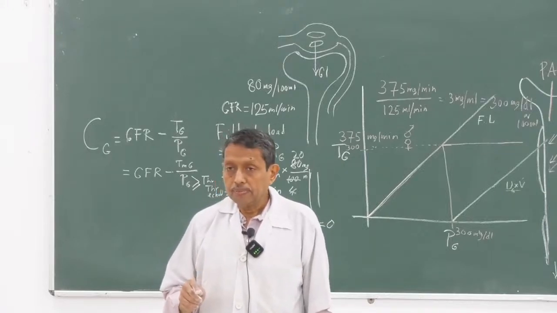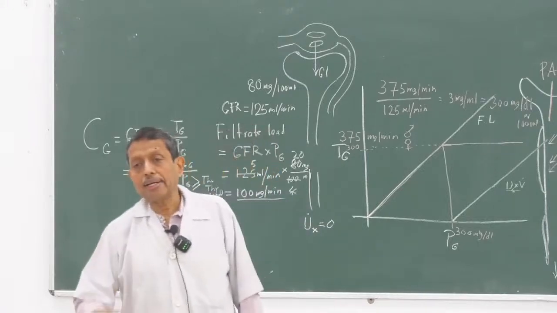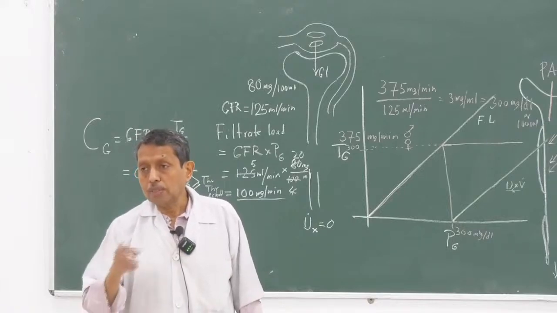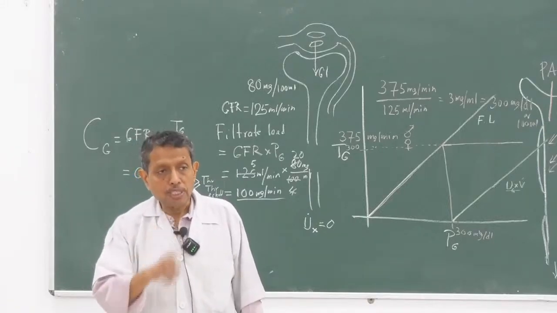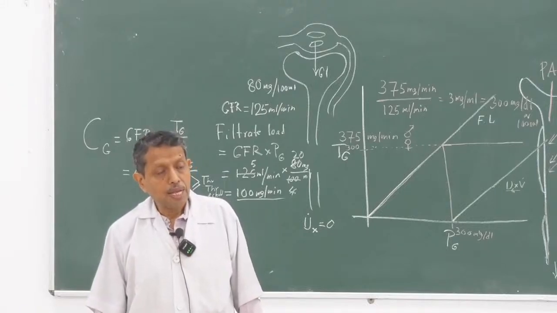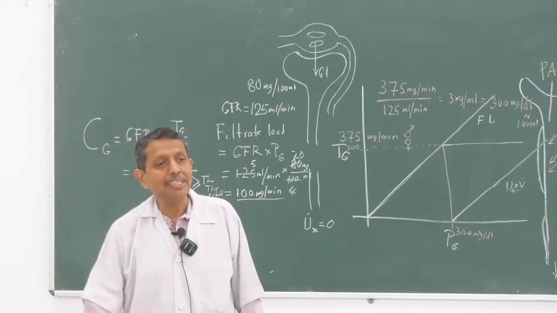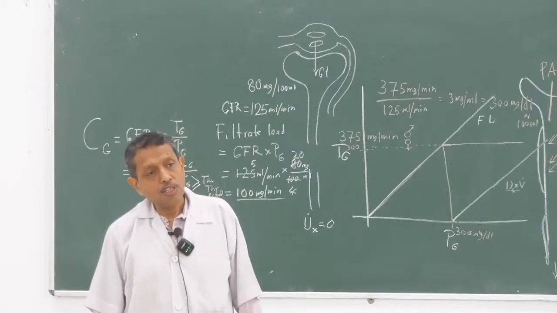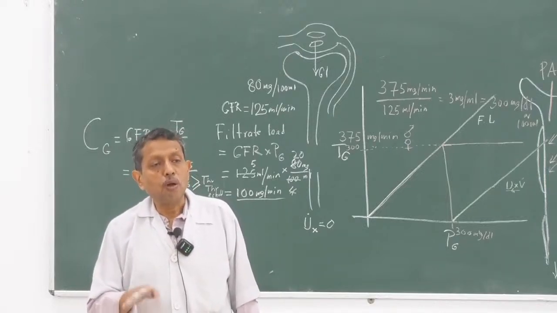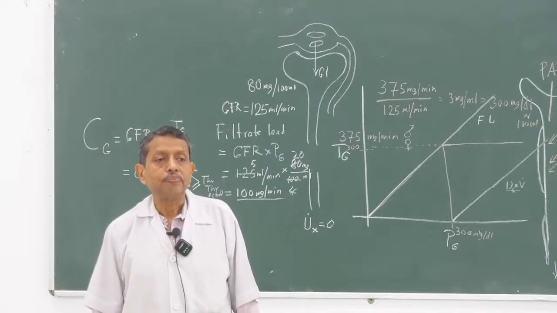Or brush border. And in the basolateral border, there is sodium potassium ATPase, which is always pumping sodium from the cell into the lateral intercellular space. So the sodium concentration within the cell is always low. So there is a tendency of sodium to move from the lumen into it.